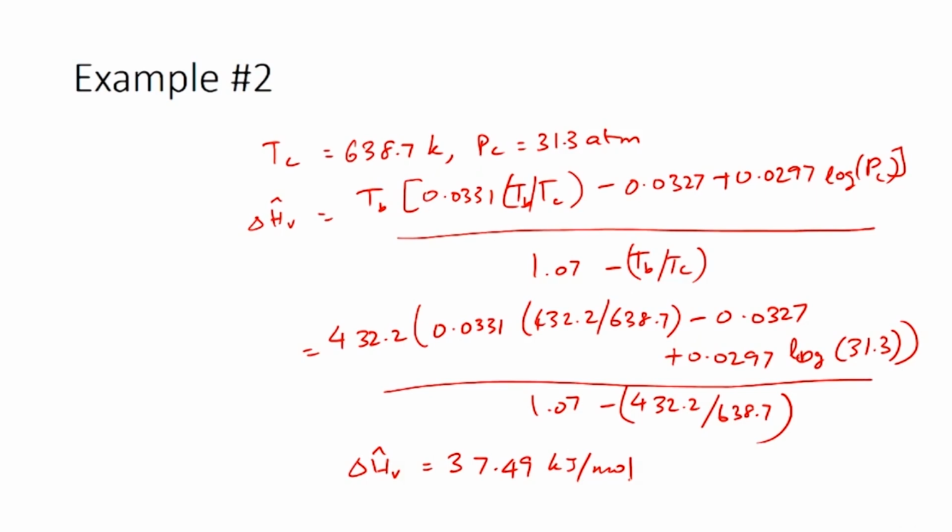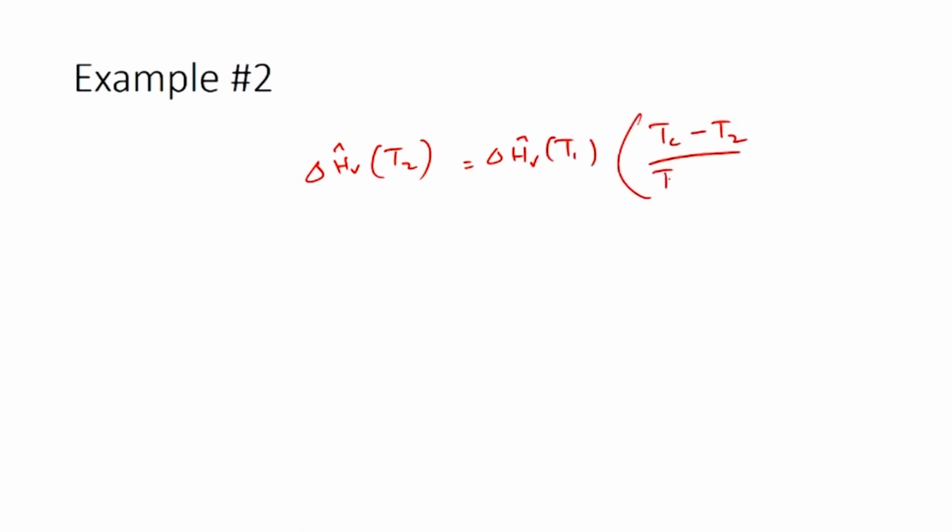The next step is to calculate the heat of vaporization at 100 degrees Celsius. For this we would have to use Watson's correlation. Watson's correlation is delta H cap V at temperature T2 equals delta H cap V at temperature T1 times critical temperature minus T2 divided by critical temperature minus T1 to the power of 0.38.